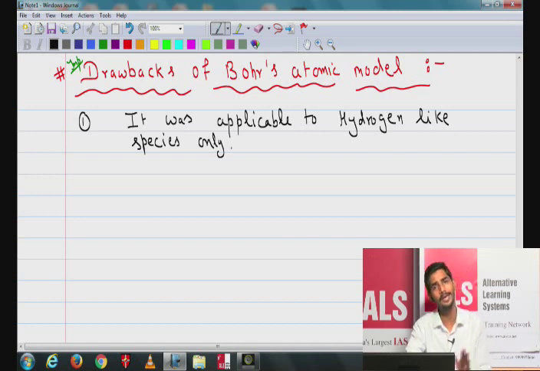Now it will behave like a hydrogen atom. So the results drawn by Bohr's model for hydrogen could be applicable to the lithium ion as well.